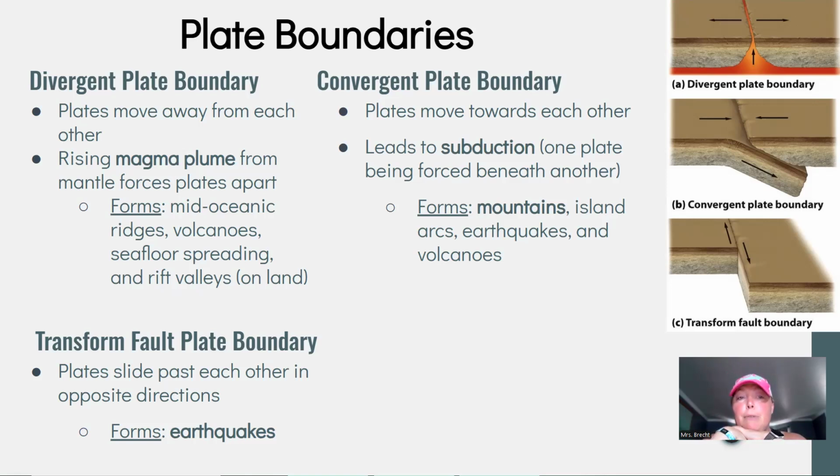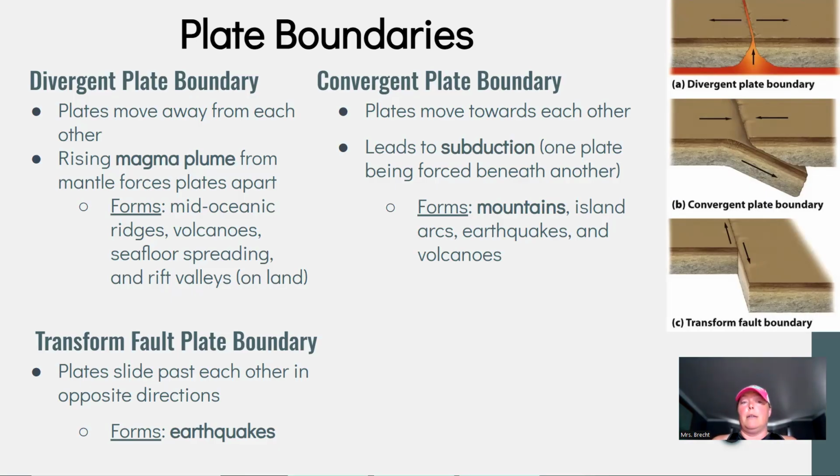The first one is a divergent plate boundary, and if you read the book Divergent, it means separating or different. So the divergent plate boundary is where two plates are moving away from each other. Because of that, you have this magma plume, or this area of magma, that can rise up as those plates move apart from each other.